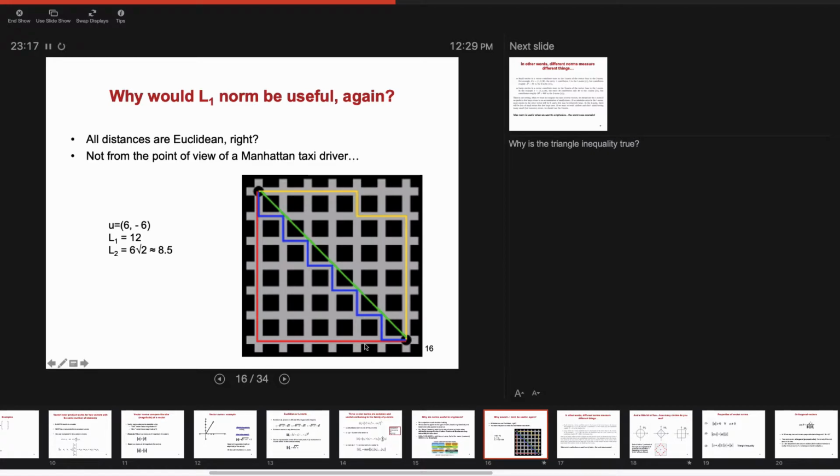So if this was 1, 2, 3, 4, 5, 6, so this is 6 plus 6, it's altogether 12 blocks, or 12, and that's my distance. That is actually what we call the one norm, just the absolute values of all of the coordinates summed up together. And it's also one of these p norms.